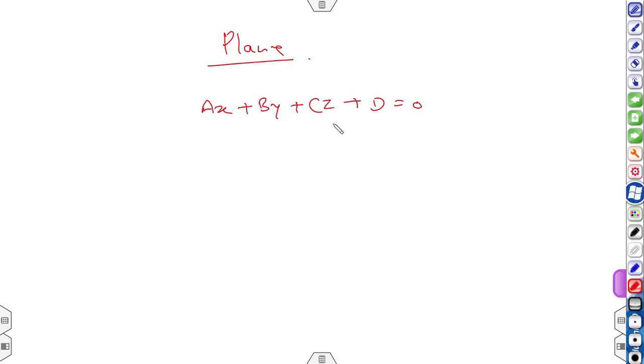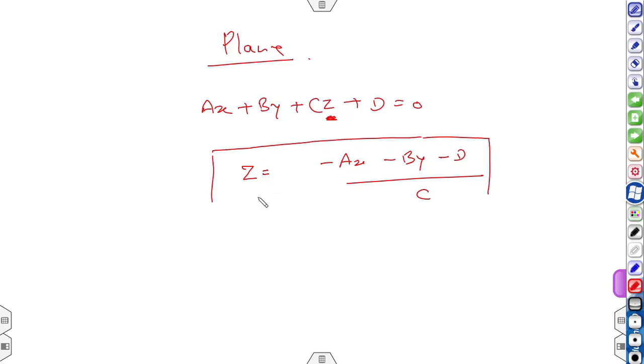We can find the value of the depth z by z equal to minus ax minus by minus d, divided by c. This is the formula for calculating depth for any plane, if we have the equation available for that plane.